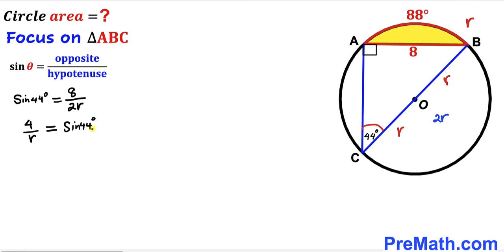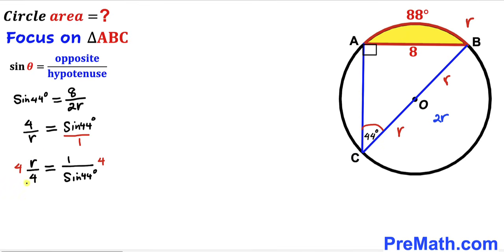Now I'm going to tweak the right hand side by putting 1 underneath, and I'm going to flip both sides over. So this can be written as r divided by 4 is equal to 1 divided by sine of 44 degrees. Now I'm going to multiply both sides by 4 to isolate the radius r.